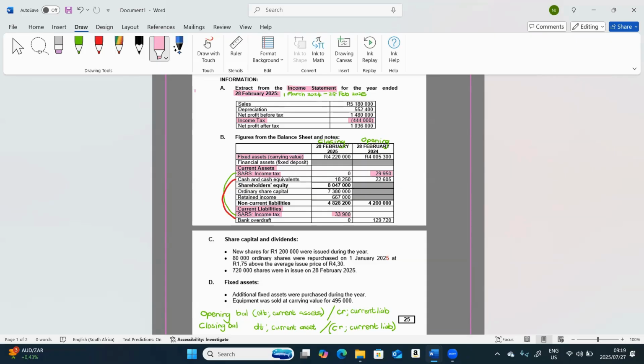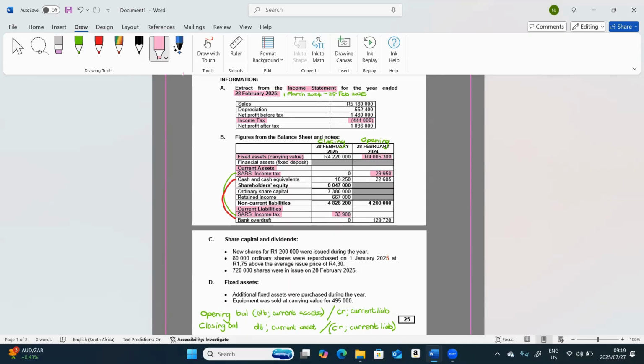So therefore, when we use this opening balance and this closing balance, we know that it is carrying value. We have to go and subtract our depreciation when we make adjustments to the fixed assets. So we want our opening balance of 4,005,300. This is our format.